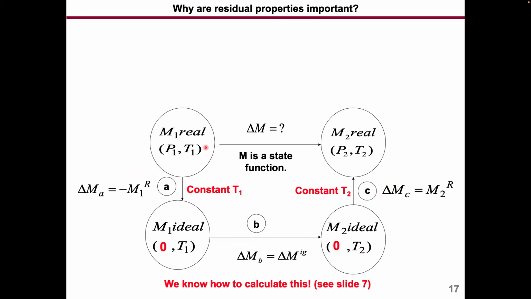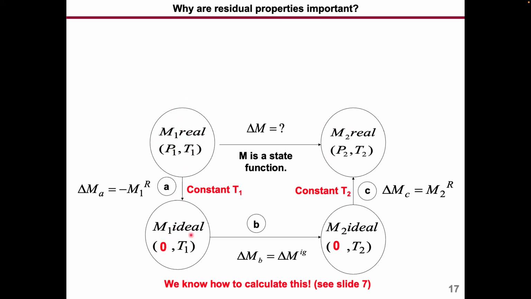So basically, instead of going directly from this state to this state in the real gas state, what we are going to do is convert this real gas while holding temperature constant. We go from real gas to ideal gas behavior by dropping the system pressure down to zero.